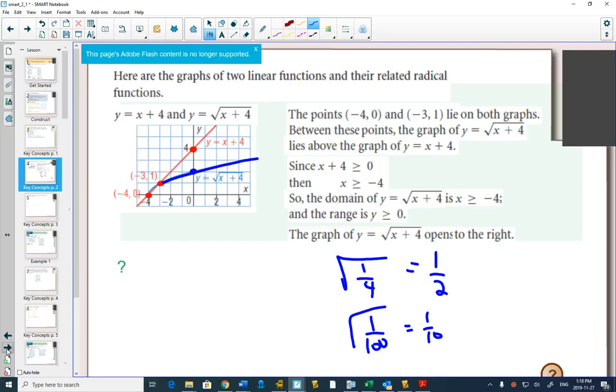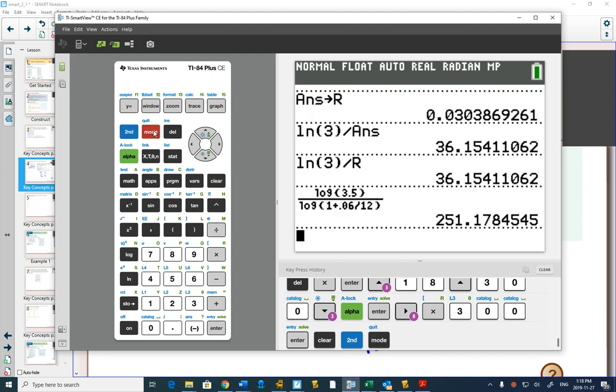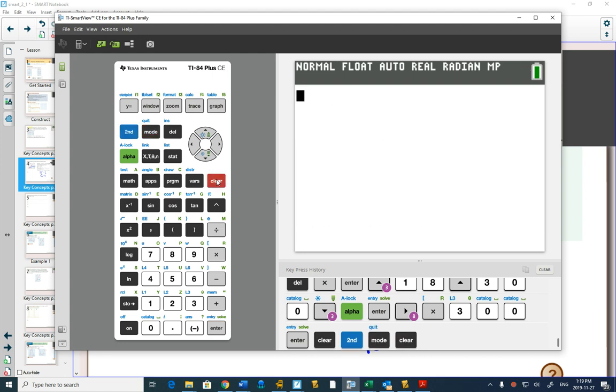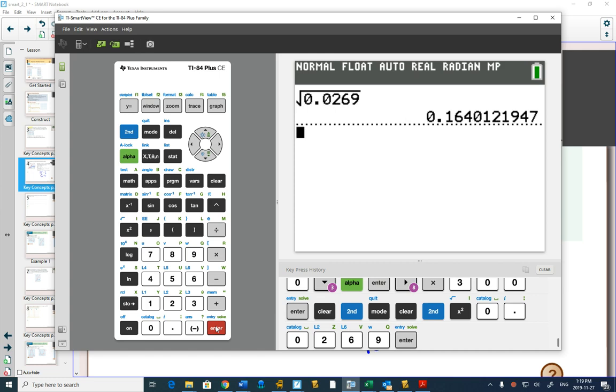Here, I'll show you an example of a random one. Square root 0.0269. Okay? Look at my answer. Is it bigger or smaller than 0.0269? Answer is 0.16. My answer is bigger.